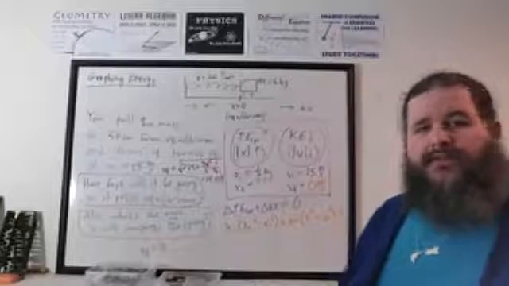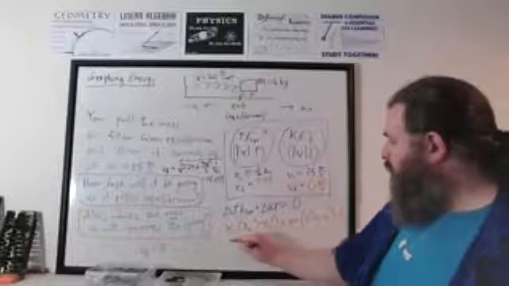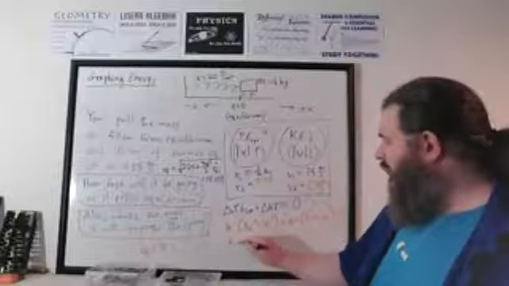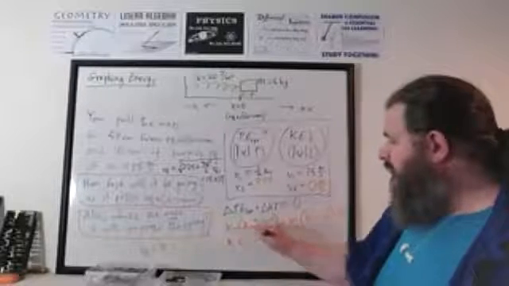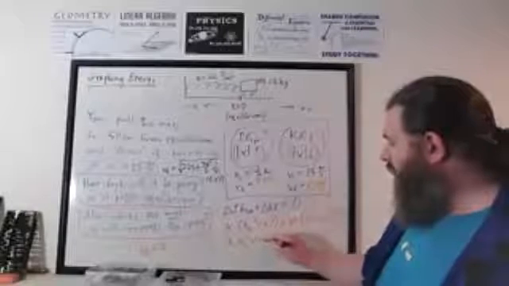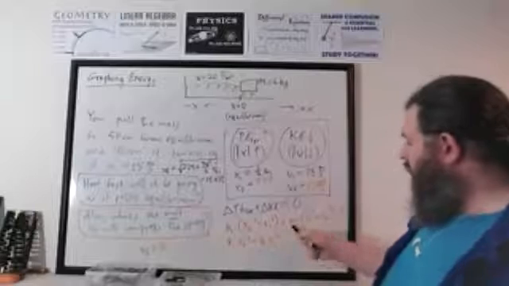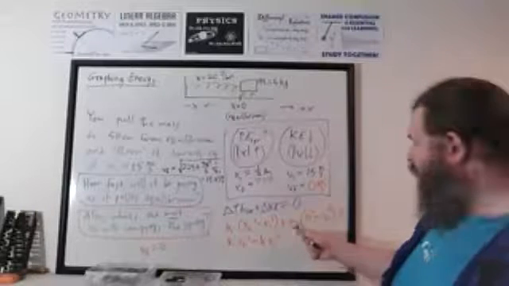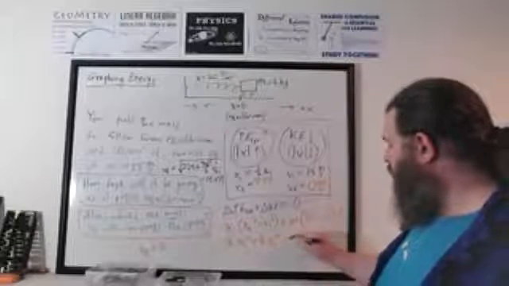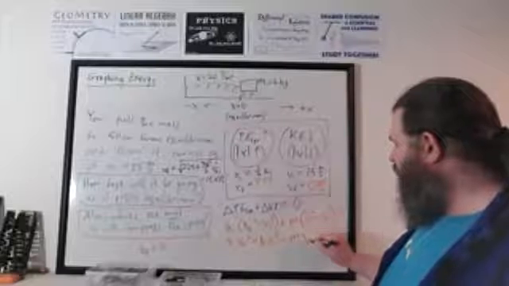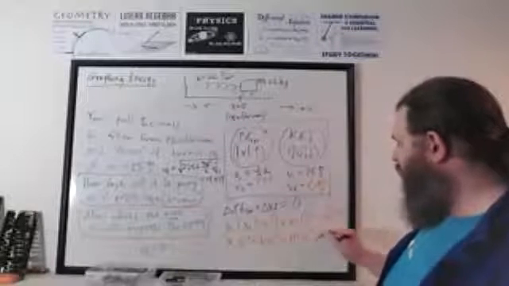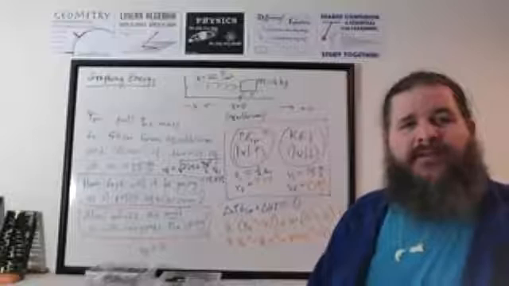So again, we could write it out the same way. K times x final squared, distributing the k to both terms, minus k times x initial squared. And then m times 0 is 0, m times negative v initial squared is minus m times v initial squared equals 0. And in this case, what are we trying to solve for?